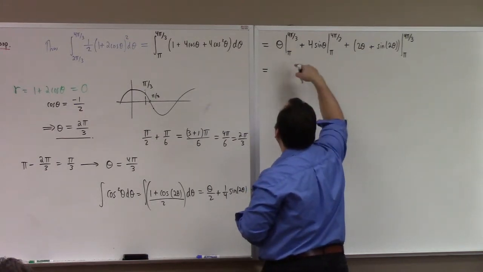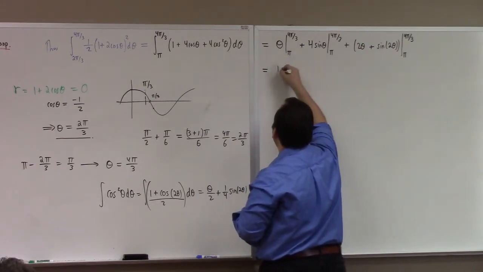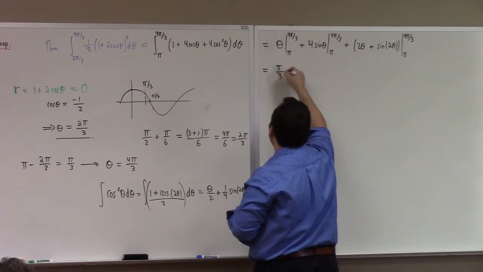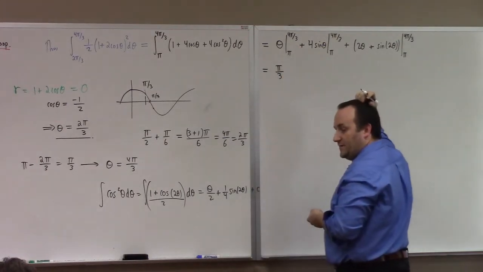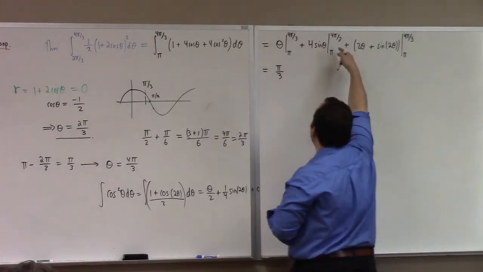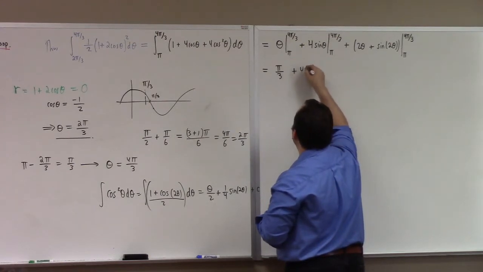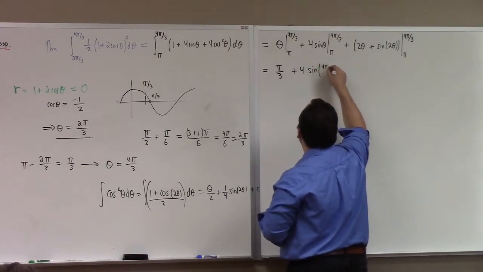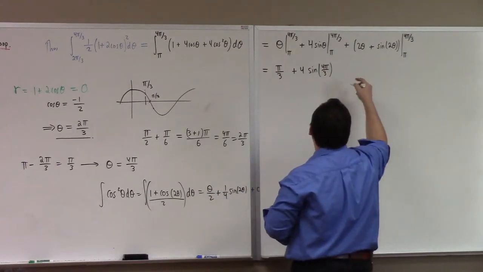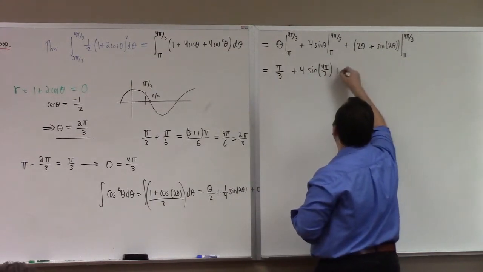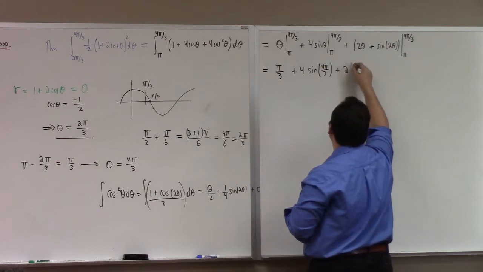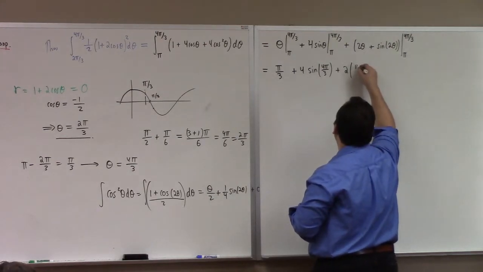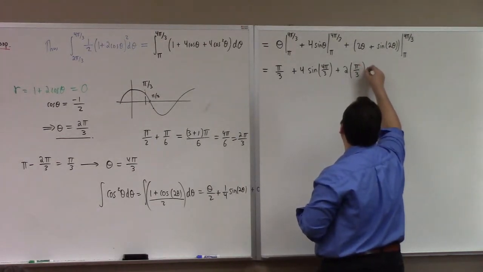That's pi over 3, right? Because 4 pi over 3 minus pi is pi over 3. This is plus 4 times the sine of 4 pi over 3. And then over here, you've got plus 2 times pi over 3 from the 2 theta term.